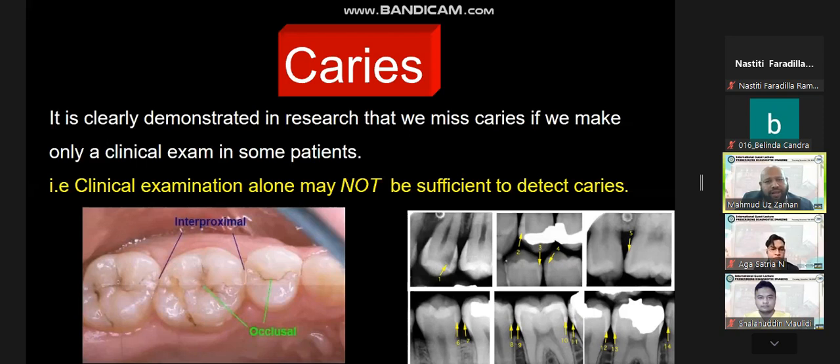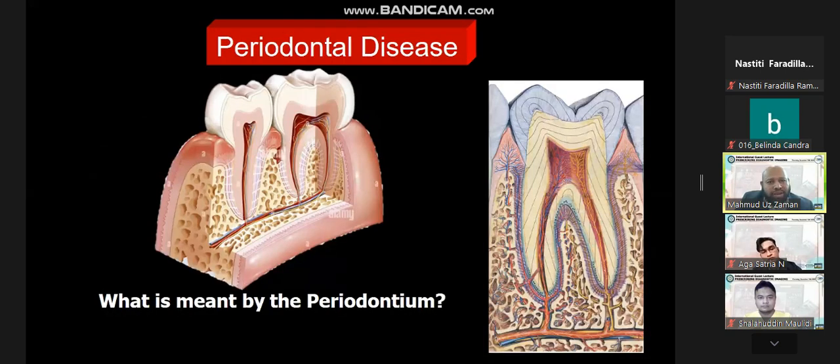Tiny caries lesions are very difficult to identify. So the clinical examination may not be sufficient to determine this caries lesion. So you need to go for radiographs, bite-wing or periapical.